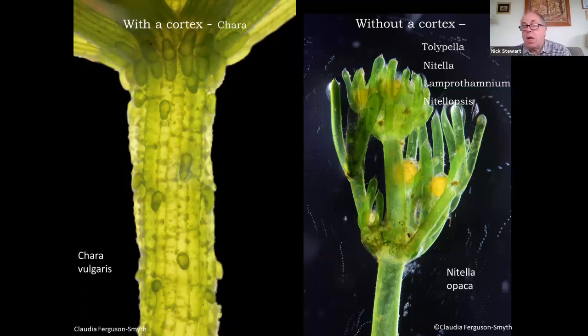And for that reason, you will find charophytes in old textbooks, because things like cyclosis, the way cell contents move around in cells, were first observed in charophytes, simply because the cells were very big and you could see what was going on much more easily.